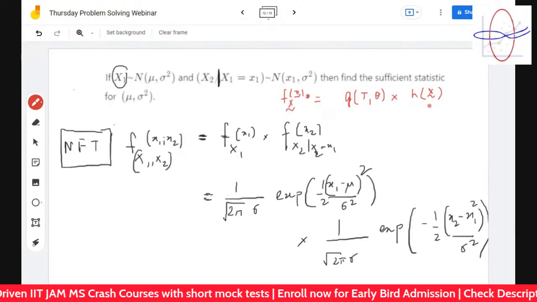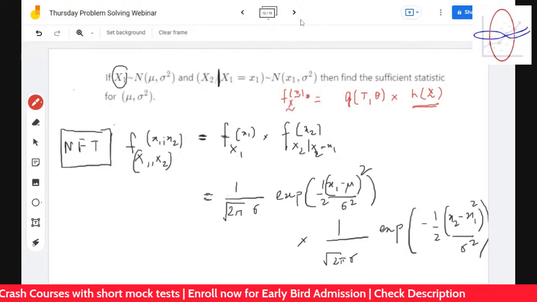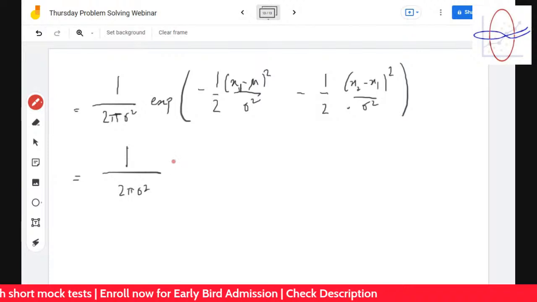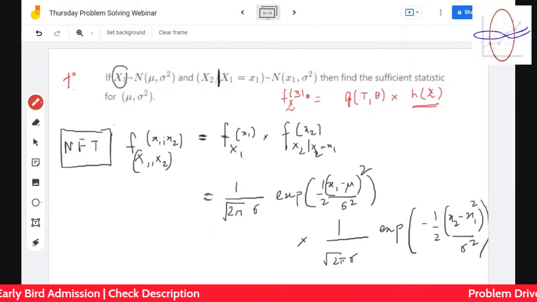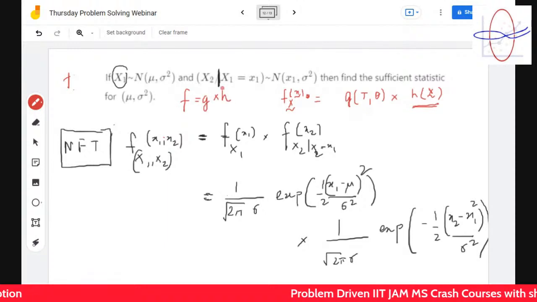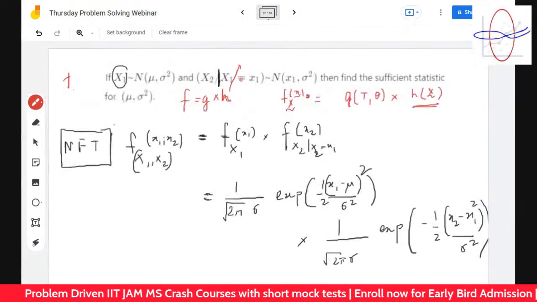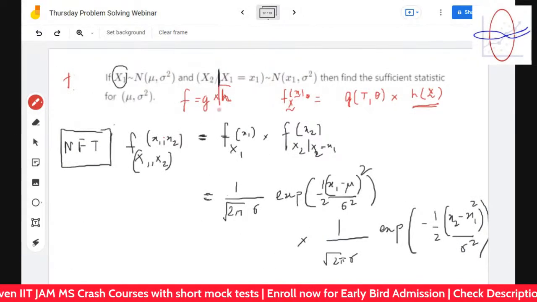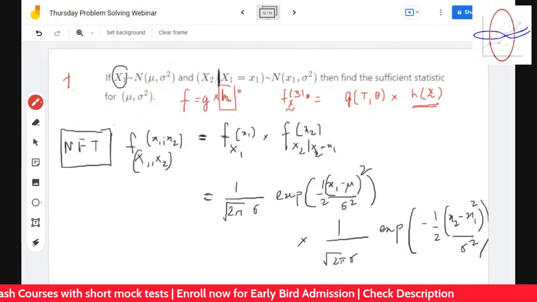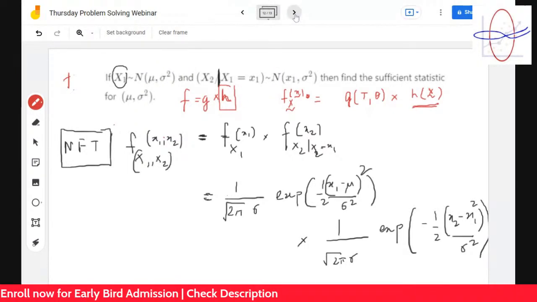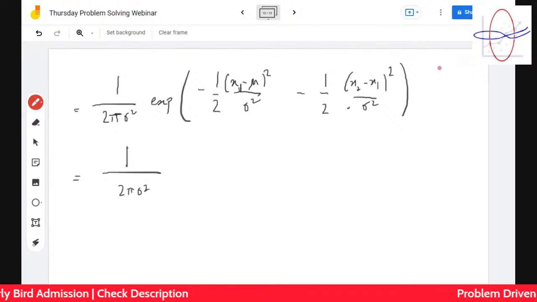This is the no theta part, so you have to find out the no theta part. Remember, f is equal to g times h. h is the x part, the part which does not contain theta, free of theta.